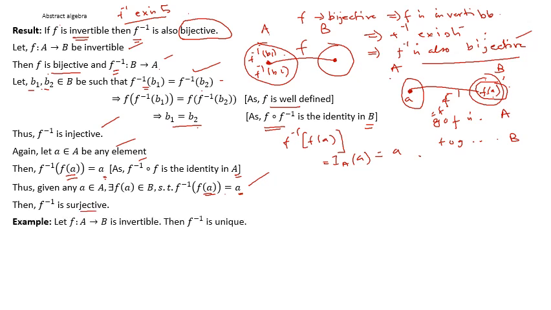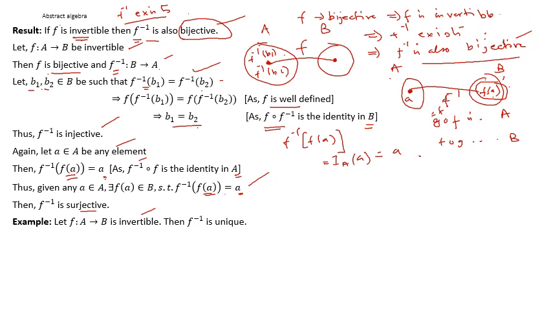So we understand that f inverse will be a bijective mapping if f is invertible. Suppose f from A to B is invertible, that means f is bijective, so f inverse exists. We saw that f inverse is also bijective.